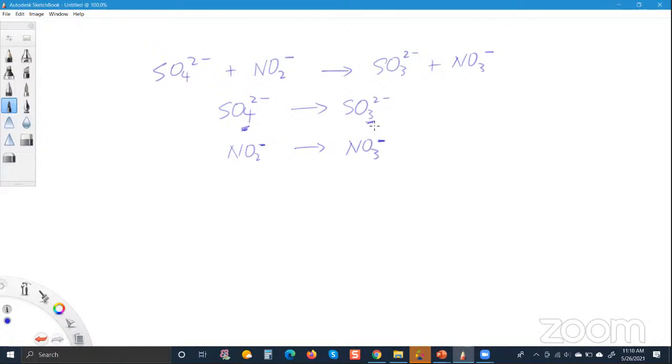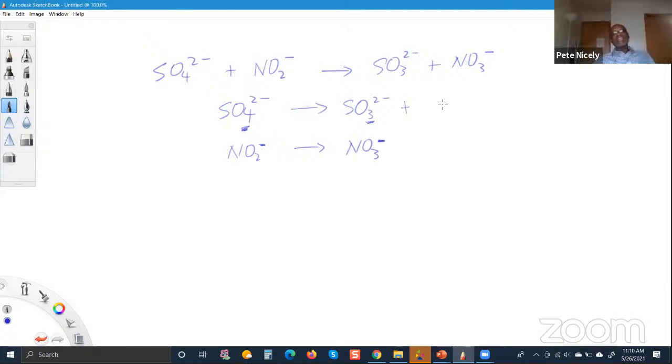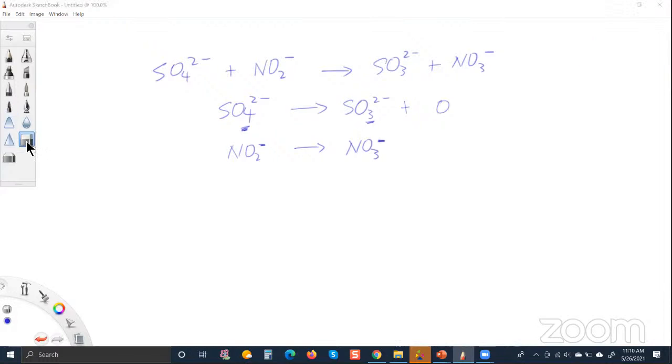Add one. How do we add oxygens? You've got to add one to the left side. But what do we add? We can't just add an O like this, right? We have to add something which contains oxygen. Electron. Nope.